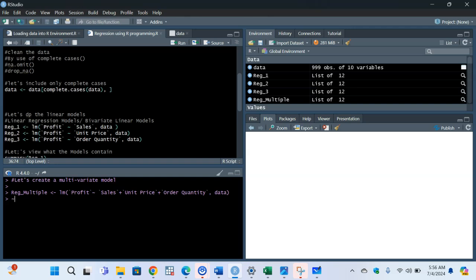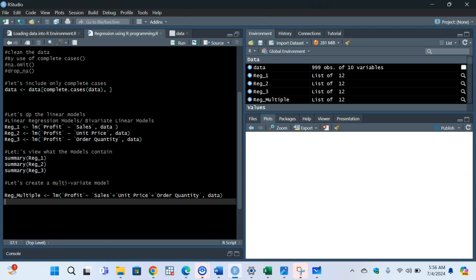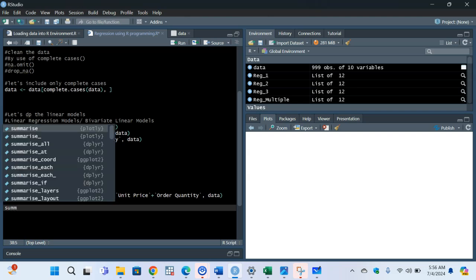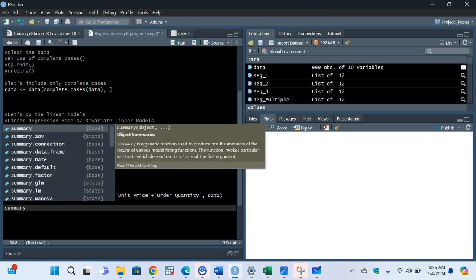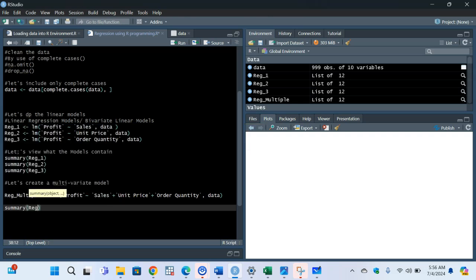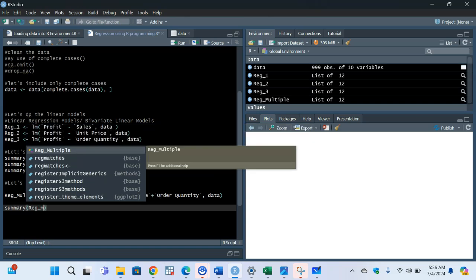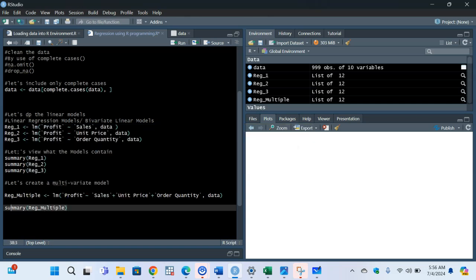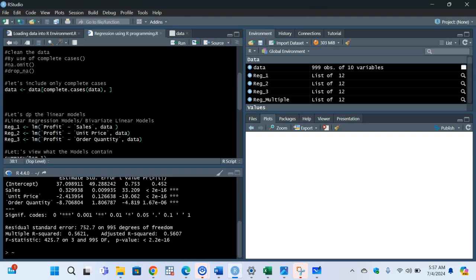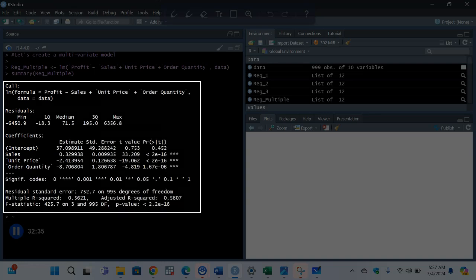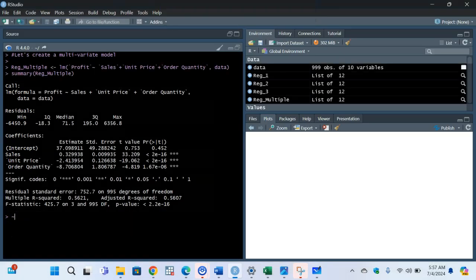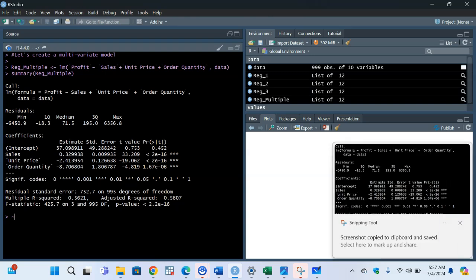But now let's see what we have in that model. So we get a summary of our regression multiple. If we run this, this is what we get. Let's take a screenshot first, so that we go discuss it on the other platform.